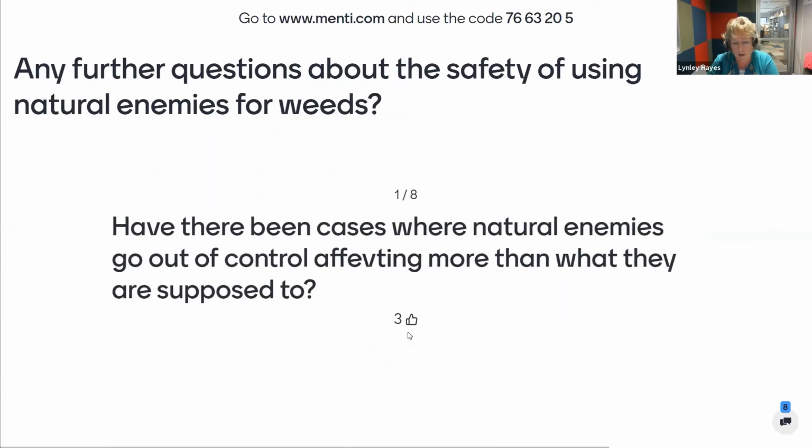Have there been cases where natural enemies go out of control, affecting more than what they're supposed to? The only cases of this happening are where decisions have been made to release, like for example in the United States, they had thistles, which are very prickly, nasty little pasture weeds that were really serious, and the farmers were unable to farm with these thistles.